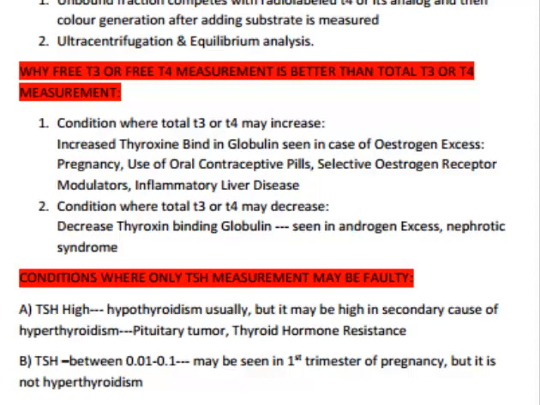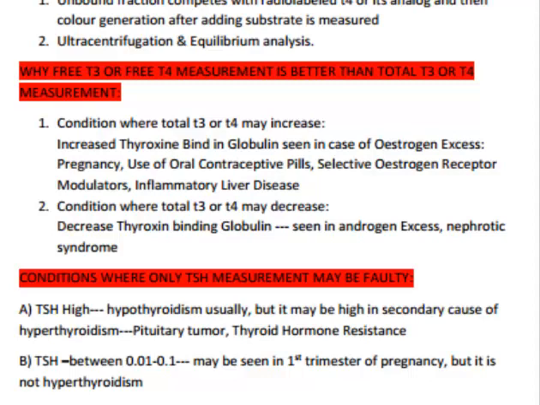Now this TBG or thyroid binding globulin may increase in estrogen excess conditions. What are these conditions? Pregnancy, use of oral contraceptive pills, use of tamoxifen therapy, selective estrogen receptor modulator intake, and inflammatory liver disease.